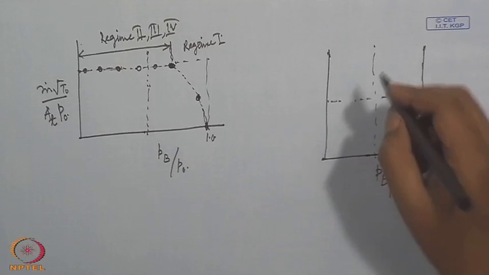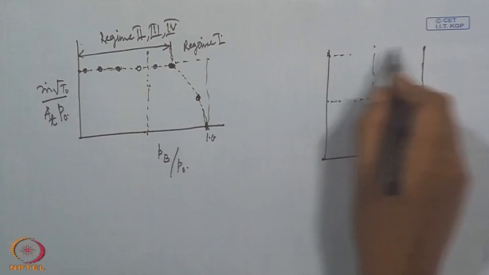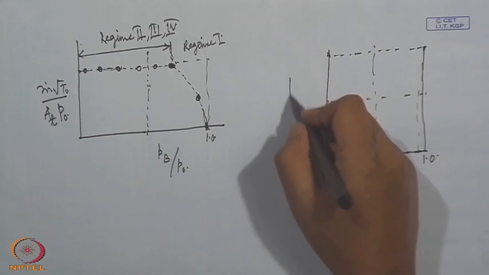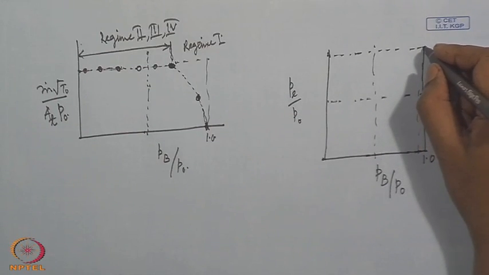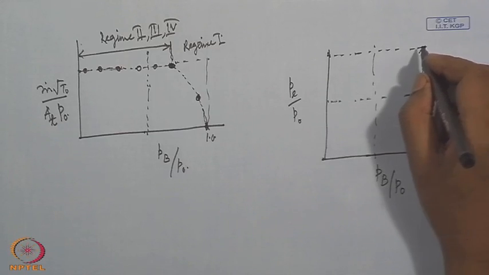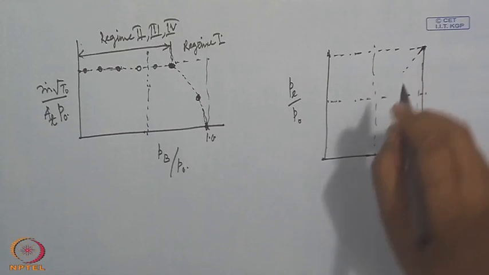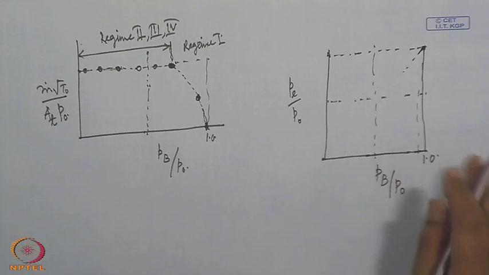In regime 1, pressure at the exit plane remains the same as the back pressure, and even in regime 2, when there is a normal shock within the nozzle, again pressure reaches the exit pressure.